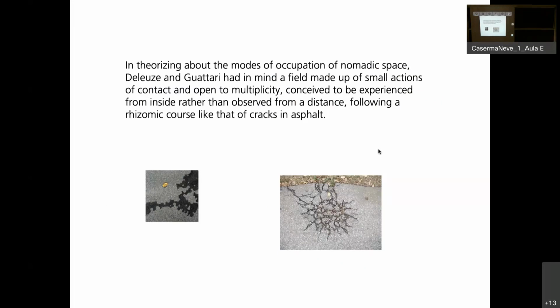Okay, so this is a kind of metaphor. I will give you this small article that I wrote that maybe can help you to explain this, maybe sometimes a little bit difficult concepts, but the idea of this rhizomatic structure is somehow a metaphor of this nomadic space that Deleuze and Guattari had theorized.